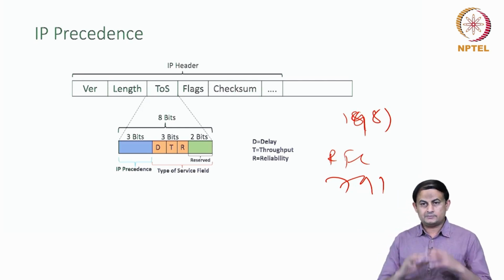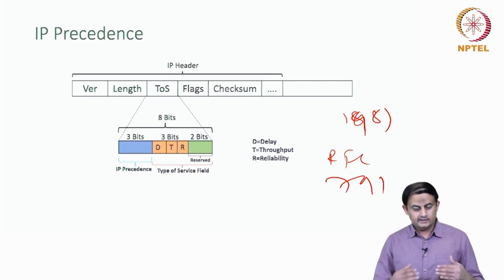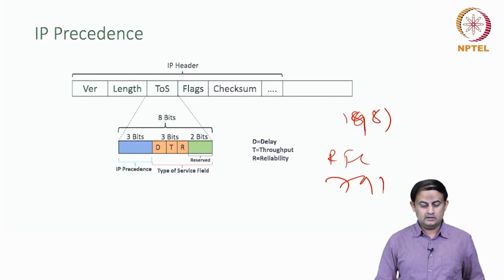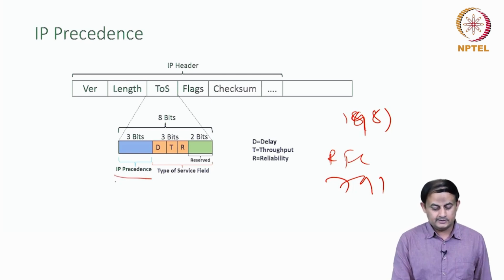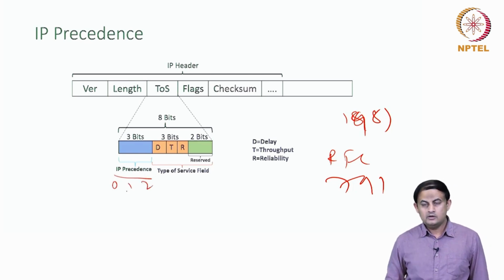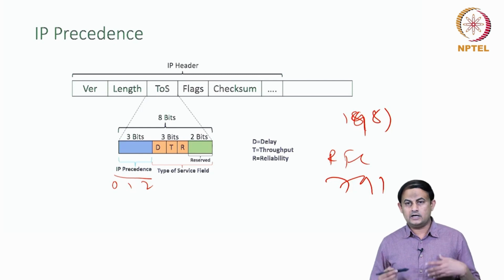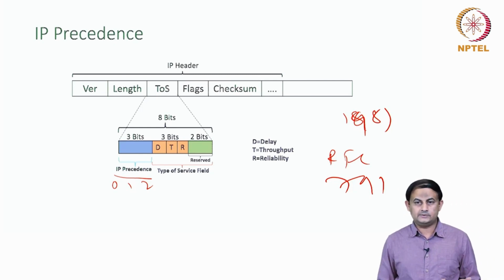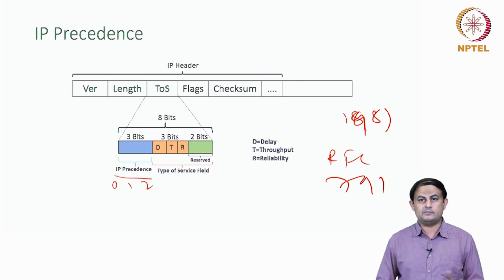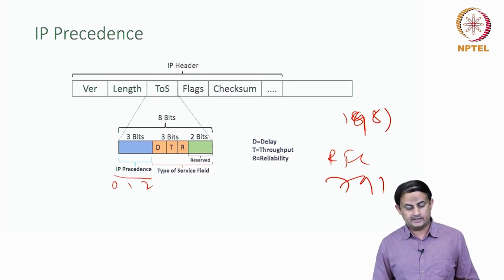The type of service field, 1 byte, was divided into 3 parts, to be precise 2 parts. The first 3 bits, from bit number 0 to 2, define something called the IP precedence, that indicates which packet needs to be dropped, if at all a router has to drop a packet.